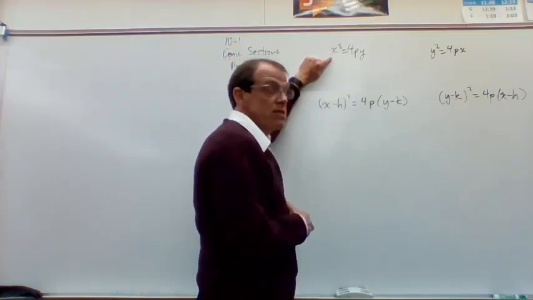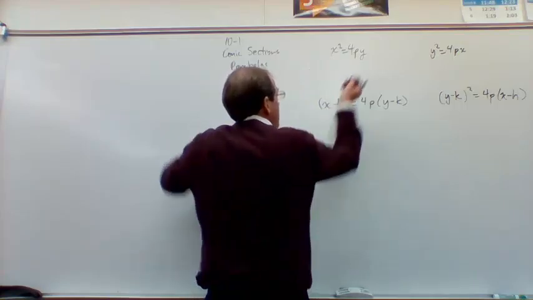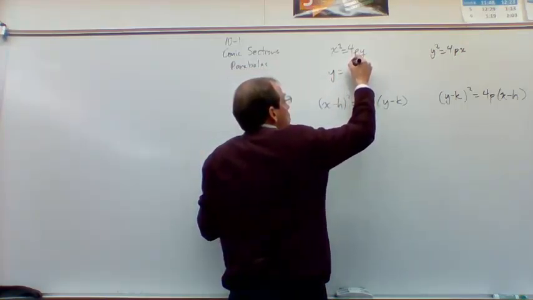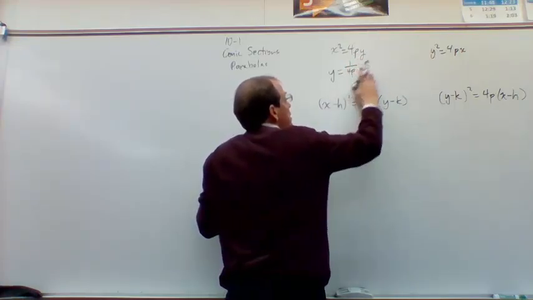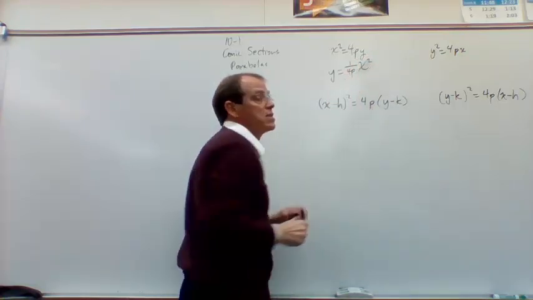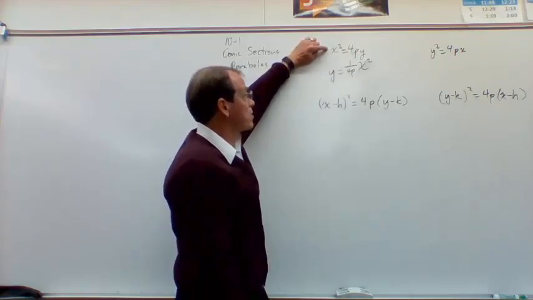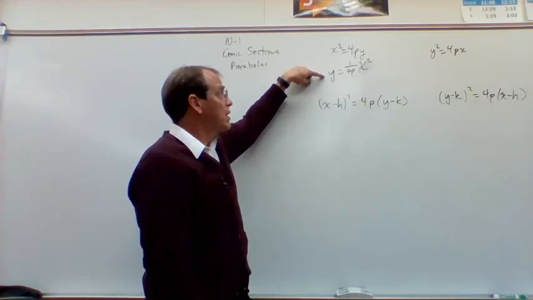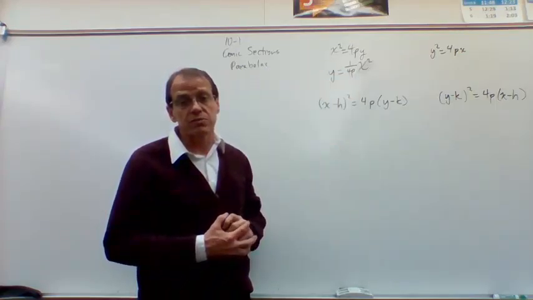So like I said, this is the simplest one, and this is the one we're most commonly used to. I can get y by itself here by making it y equals 1 over 4p x squared. Let me make that x squared a little larger so it's obvious that the 4p is in the denominator of that fraction. Now this is the way the book writes it, but this way also means the same thing. This is only when the vertex is at 0, 0.